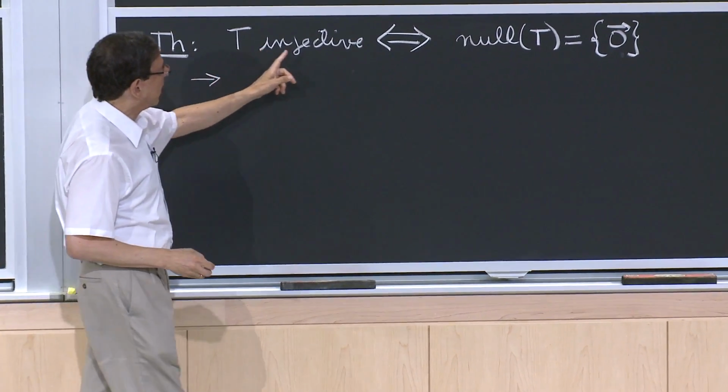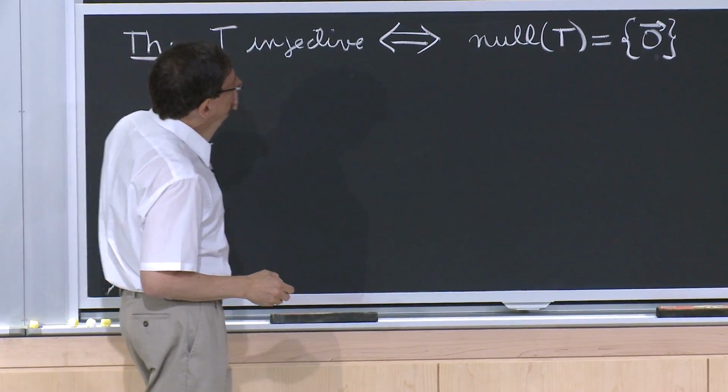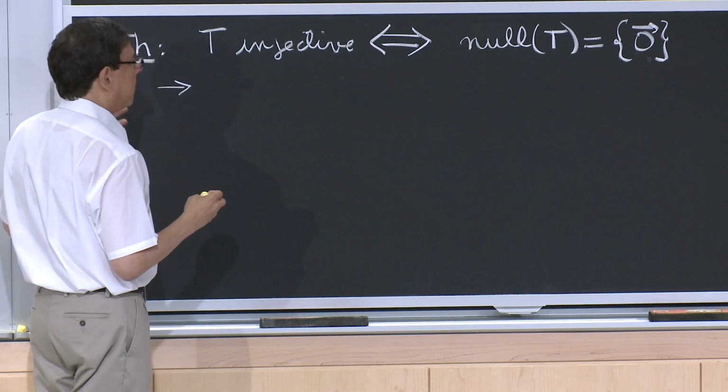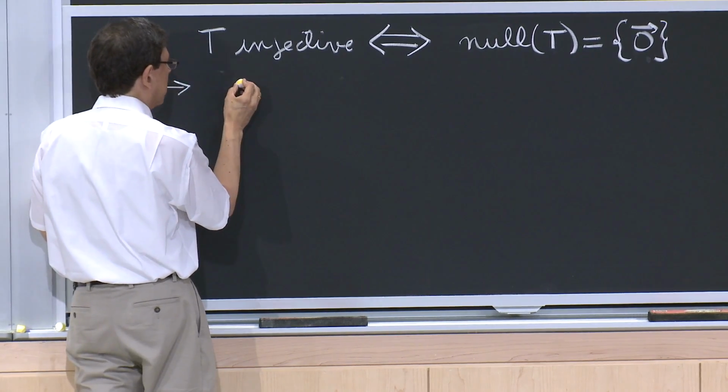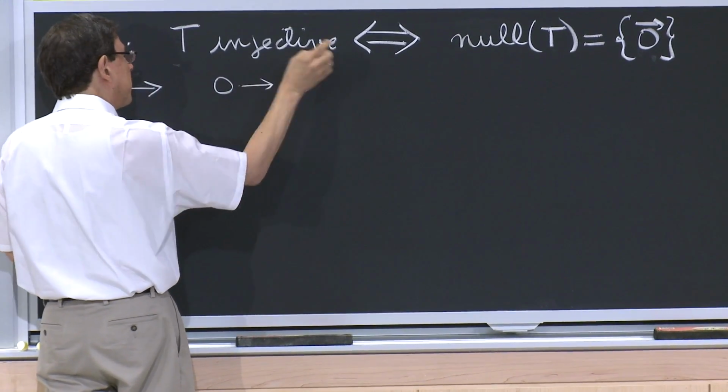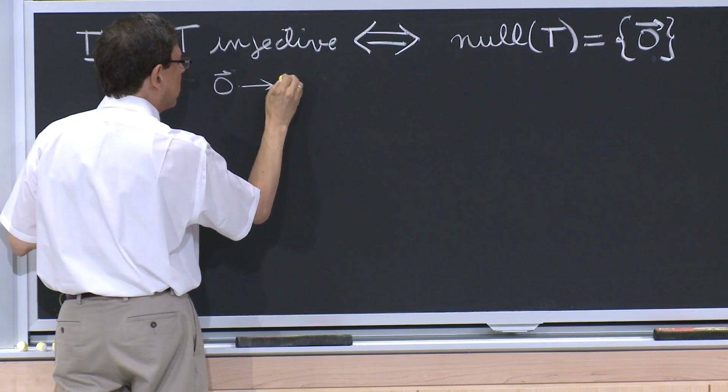So suppose, let's try to go in this direction on the proof. Suppose T is injective. I want to show that the null space just has the zero vector. Well, we know 0 is taken to 0.